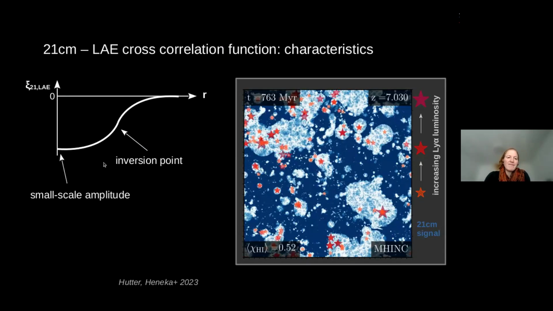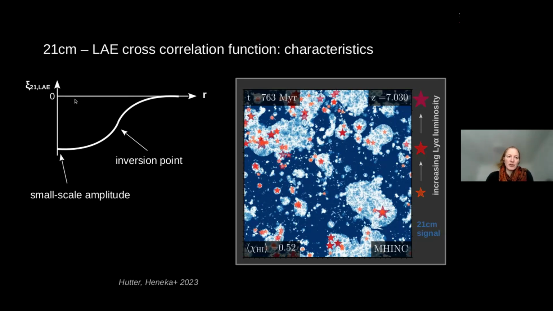What I'm focusing on now are 21 centimeter Lyman alpha emitter cross correlation functions. Here I show you a slice of a simulation where in blue you see the 21 centimeter signal. The darker the blue, the stronger your 21 centimeter signal in emission. The red stars are Lyman alpha emitters, where larger stars indicate a higher Lyman alpha luminosity.